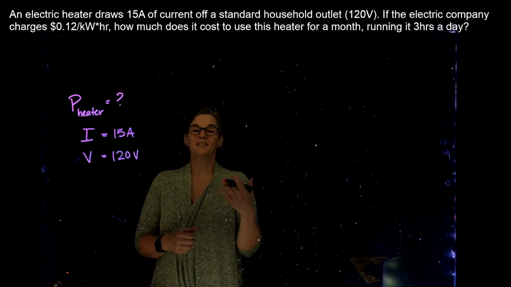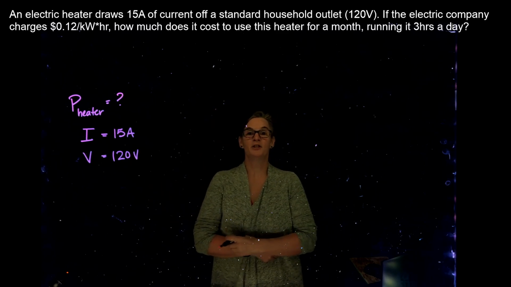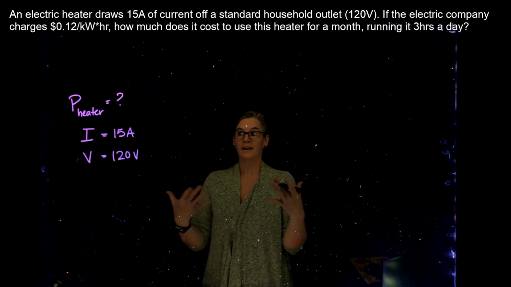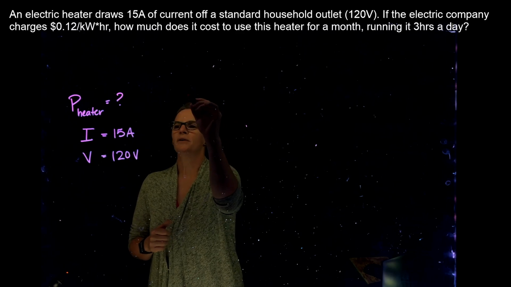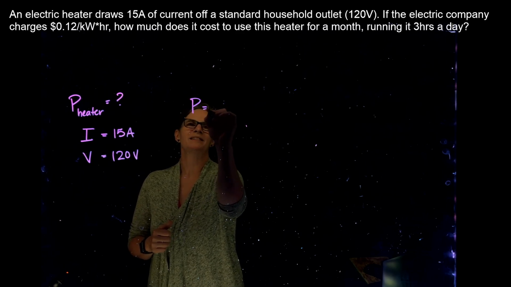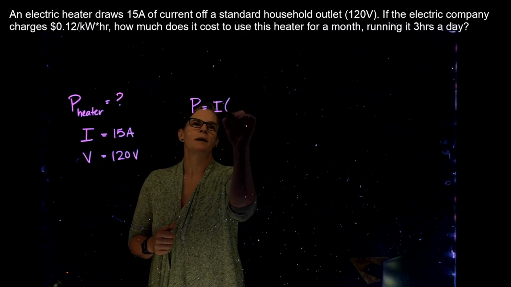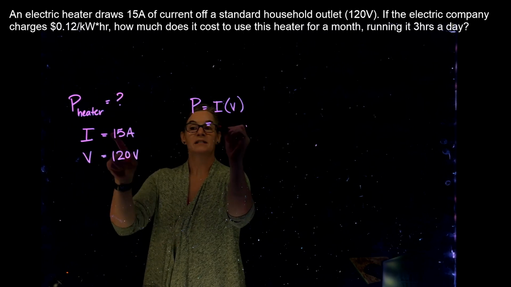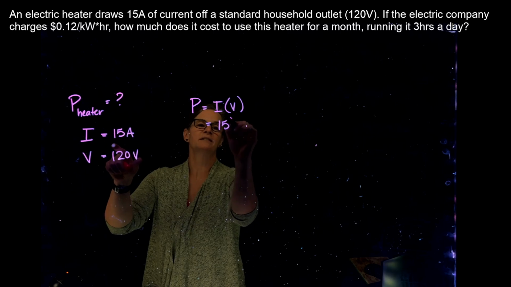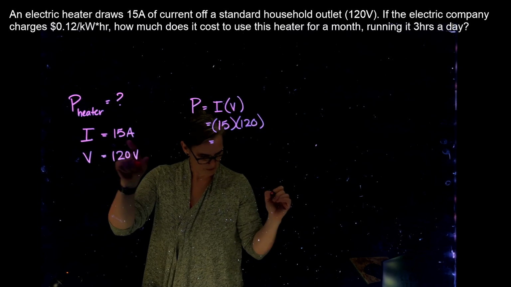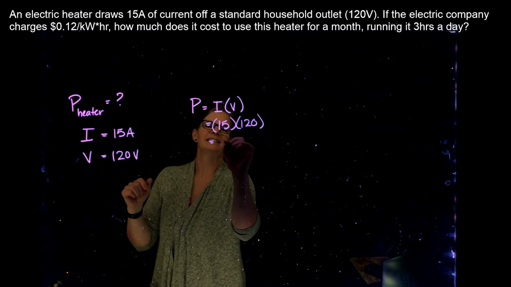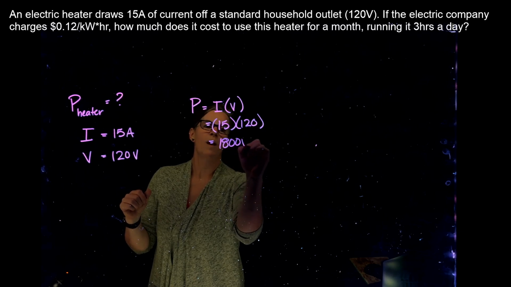So we want to know what the power of that heater is to know how much wattage it's rated at. So we have our power relationship is equal to the current times the voltage. So this is a straight calculation, 15 times 120. It gives us the power of 1800 watts.